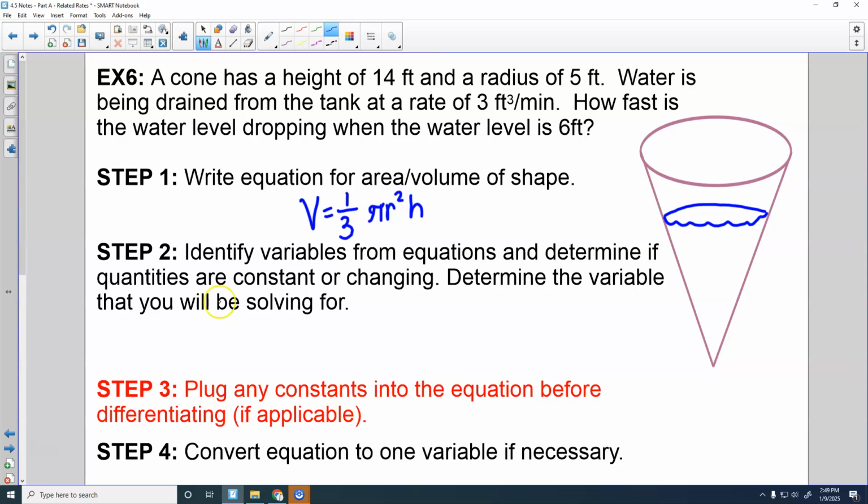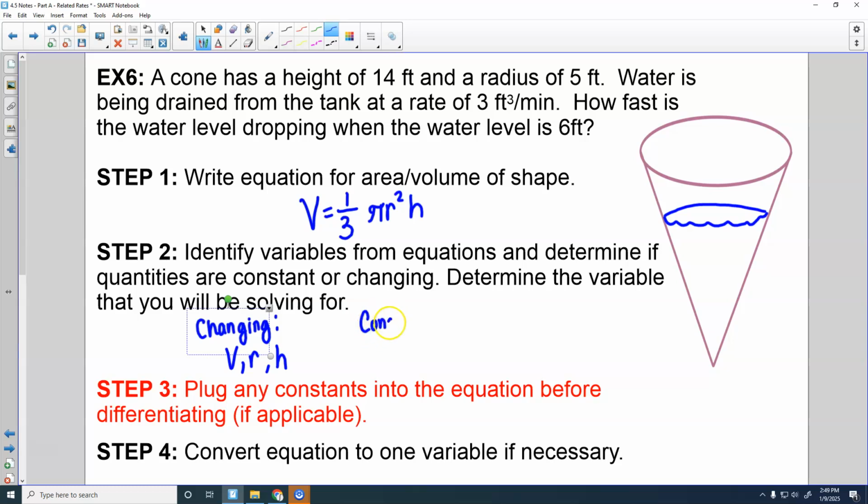And so we really already talked about our changing and our constant. These are the hardest ones because all your variables are changing. V, R, and H are all changing.